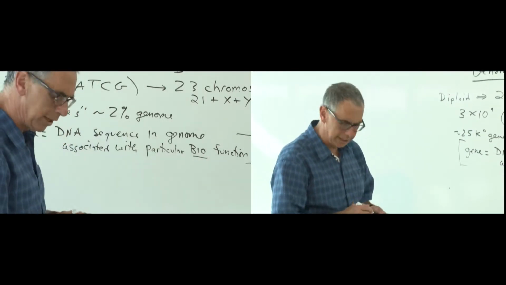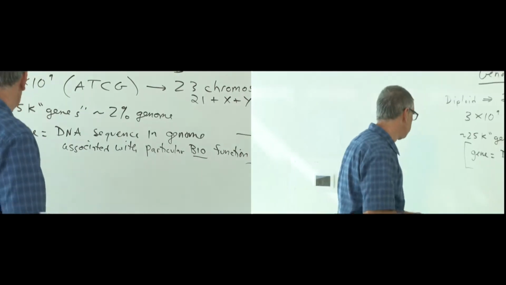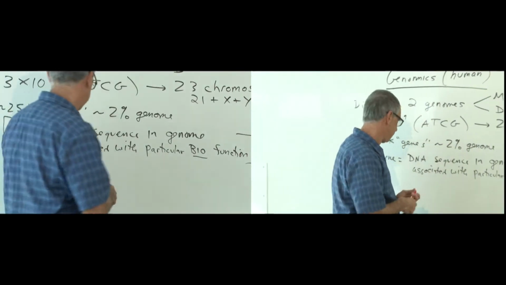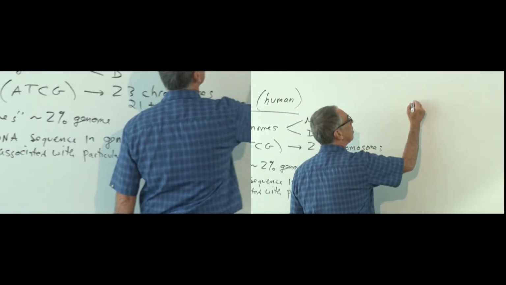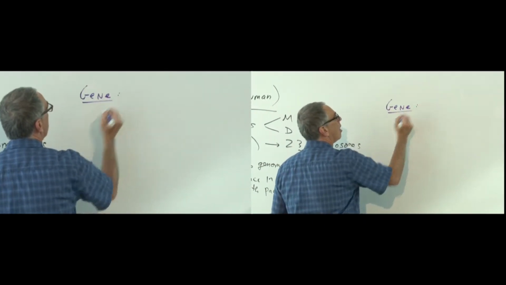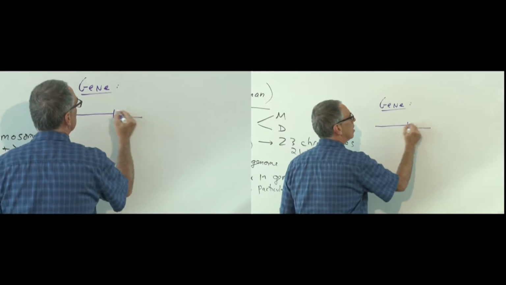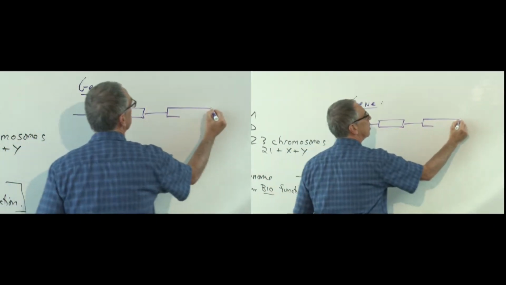So what does a gene look like, and how do we think about the genome? So this is not to scale, but a typical gene looks like this. Let me draw it.